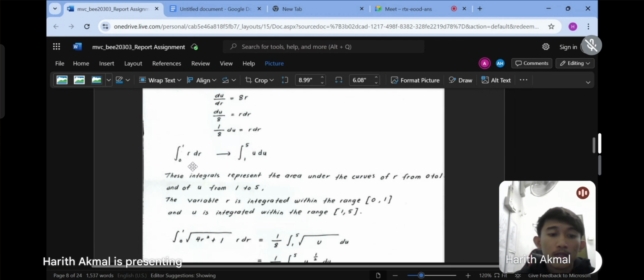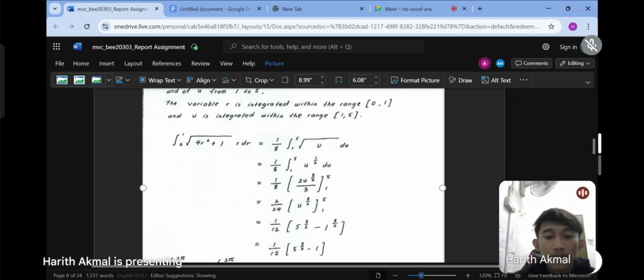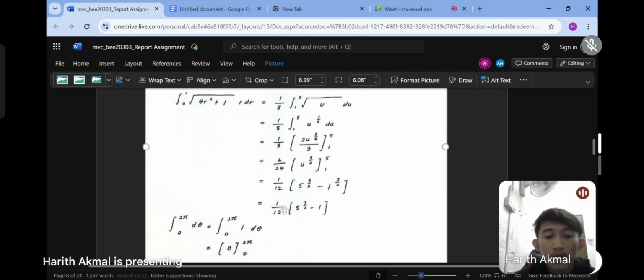We change the integration of r dr to u du, with the limit for r from 0 to 1, and the limit for u from 1 to 5. After integrating, we get 1 over 12 multiplied by 5 to the power of 3 over 2, minus 1.